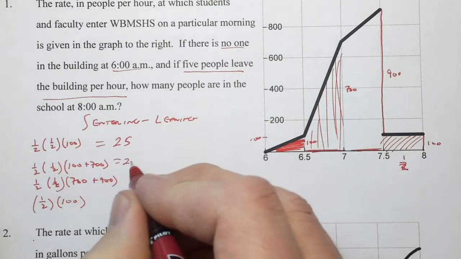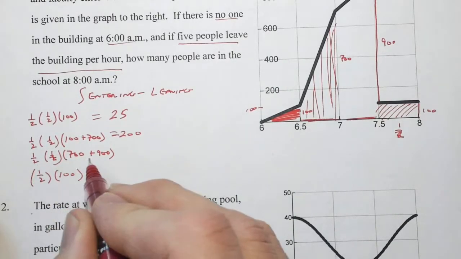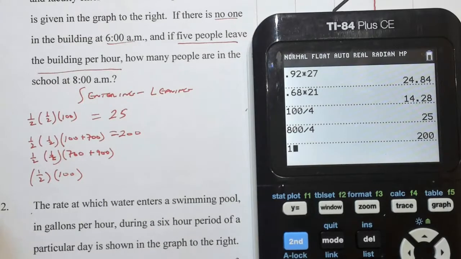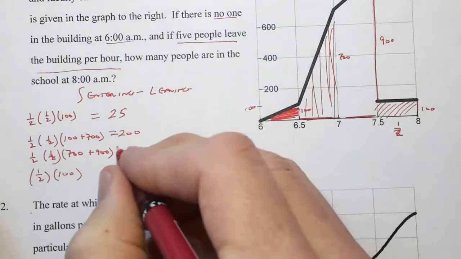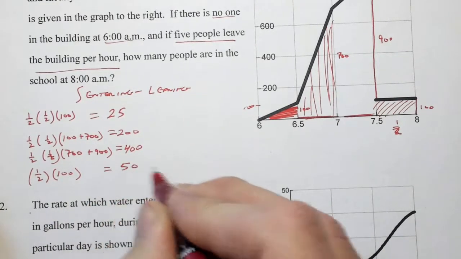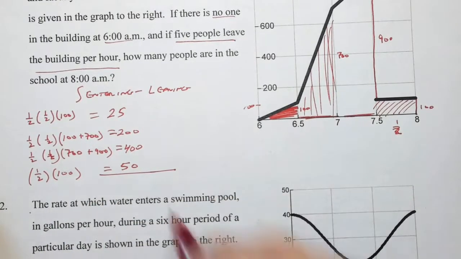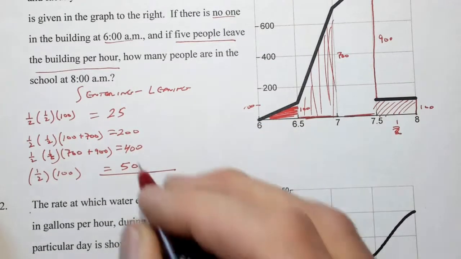So 200 people came in during that second half hour. Then we have a quarter of 1,600, so 1,600 divided by 4 is 400. And finally, half of 100 is 50. So this total, 400, 200, 25, 50, gives us the total people.